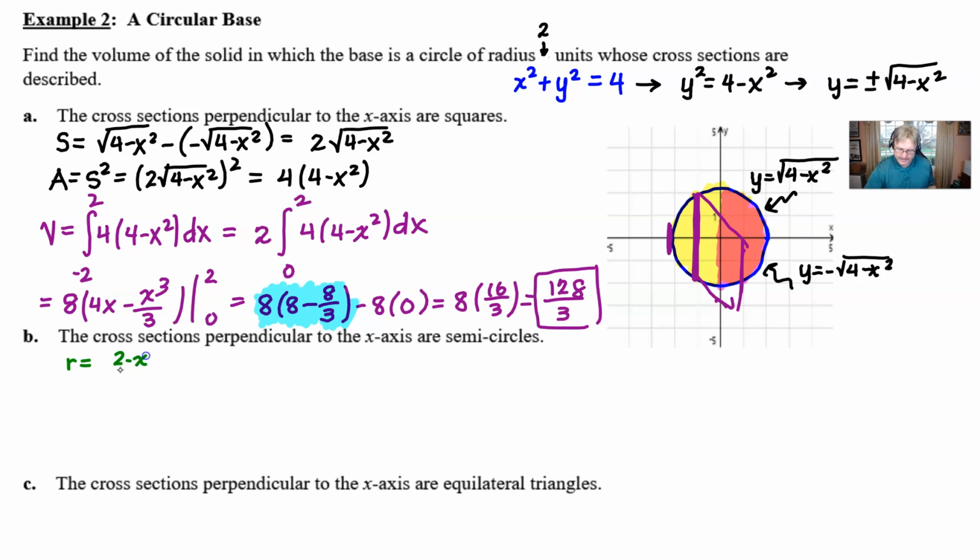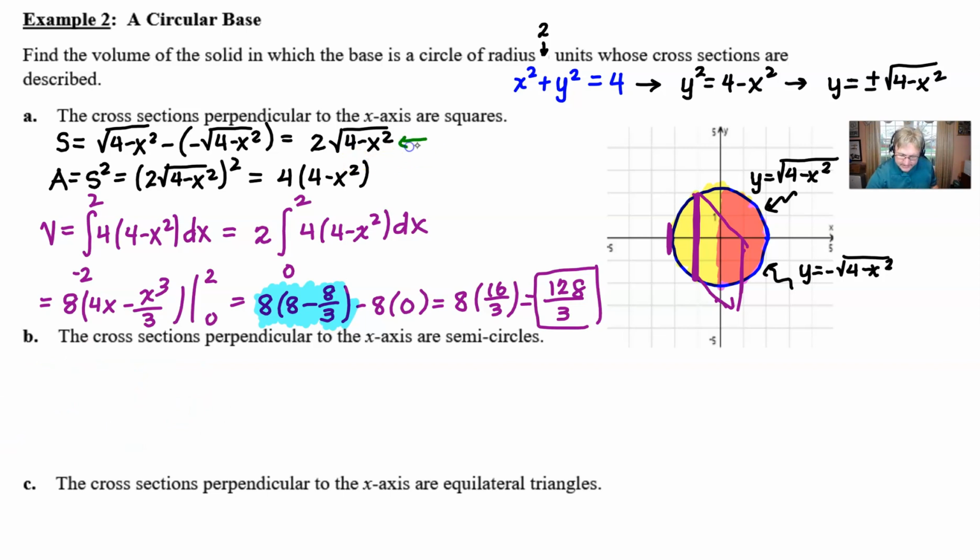Well, if the radius is 2 minus x over 2, and if the area is 1/2 pi times 2 minus x over 2 squared, well, the only problem is where's this 2 minus x coming from? That's the previous problem, right? But it's the same idea. Let's do it the right way.